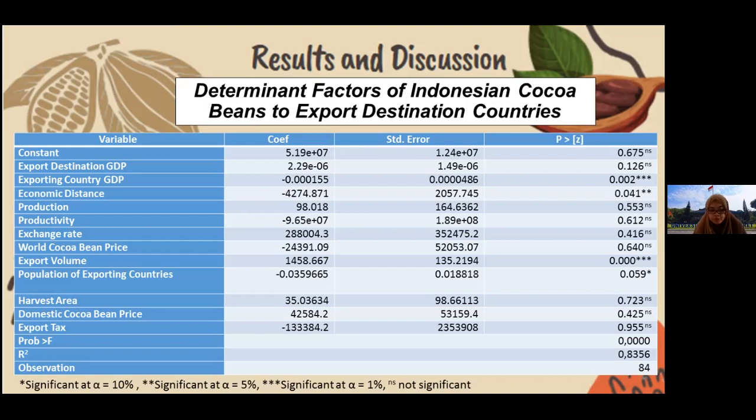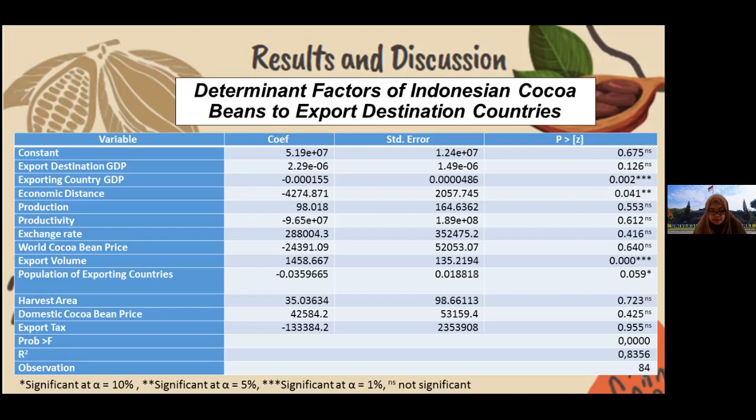And the economic distance has a significant and negative effect, because if the distance between exporting and importing country becomes large, export will be expensive.